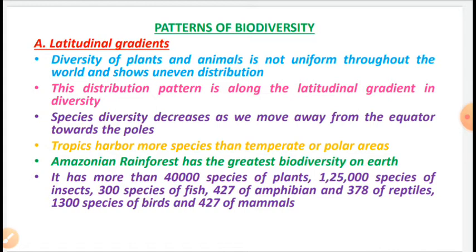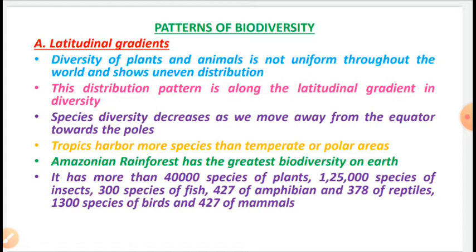Diversity of plants and animals is not uniform throughout the world but shows uneven distribution. It means that if we move to any area of the world or our country, it is not the same, not equal. It's not an even distribution, but an uneven distribution of plants and animals and their species.